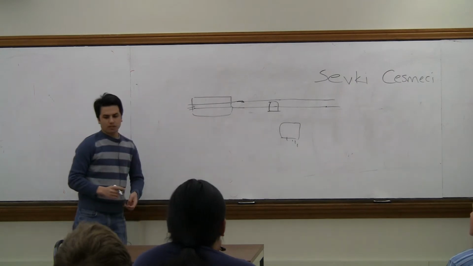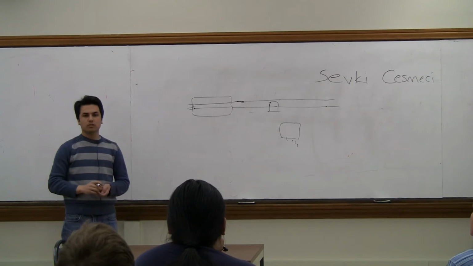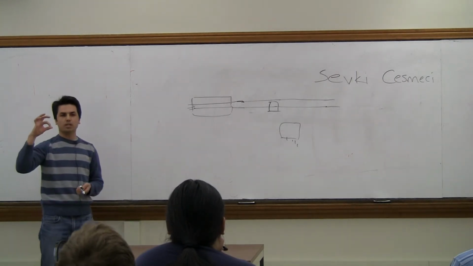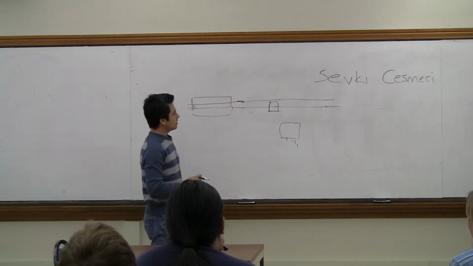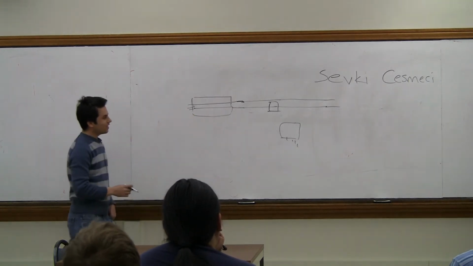The model trachea is basically a clear plastic tubing, a D-shaped clear plastic tubing, so that we can see what's happening inside.